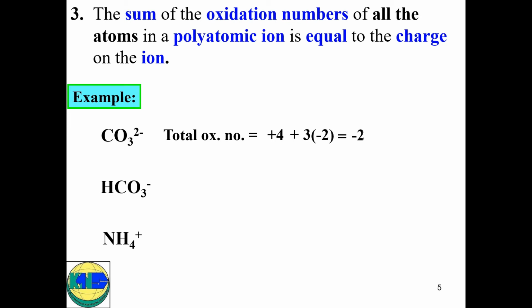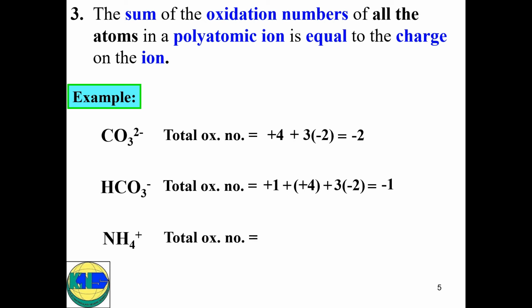So the total is negative 2, so the charge is 2 negative. Then for bicarbonate ions, hydrogen is positive 1, carbon is positive 4 plus oxygen, which is negative 2 multiplied by 3. So the total is negative 1 oxidation number. The charge is 1 negative.